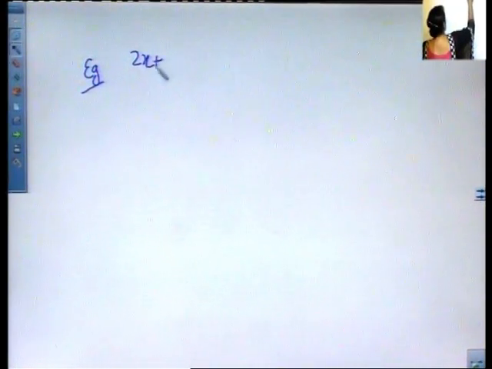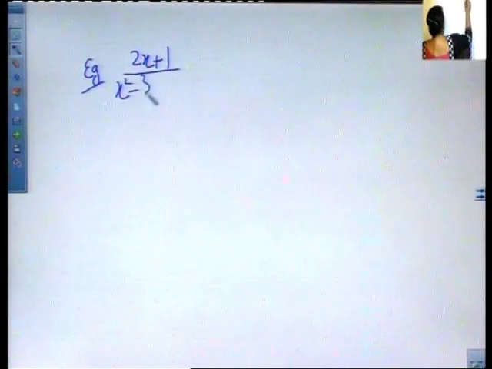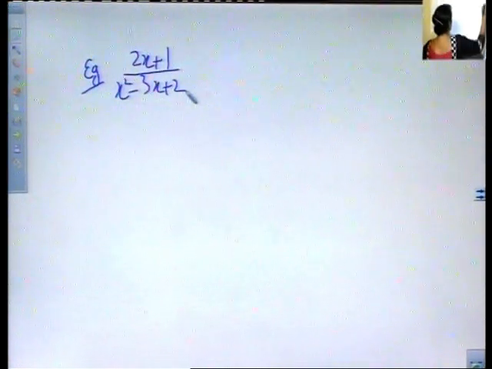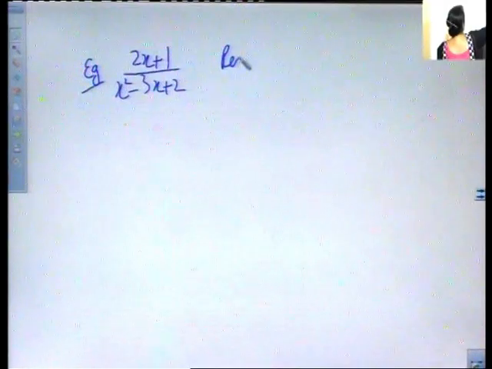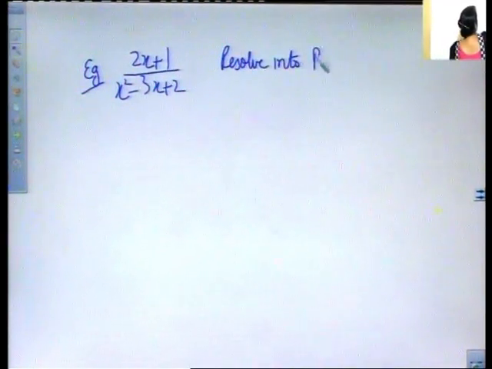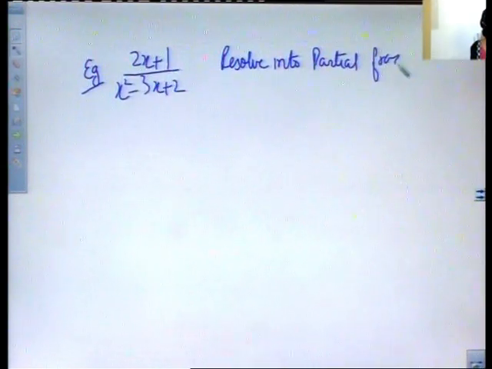Question is 2x plus 1 upon x square minus 3x plus 2. Resolve into partial fractions.